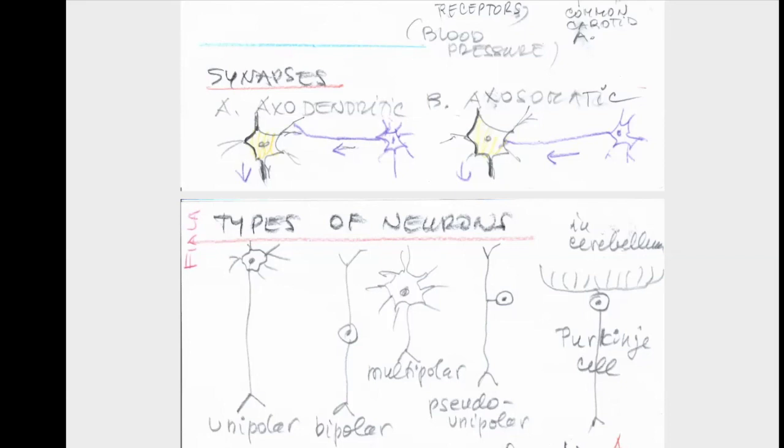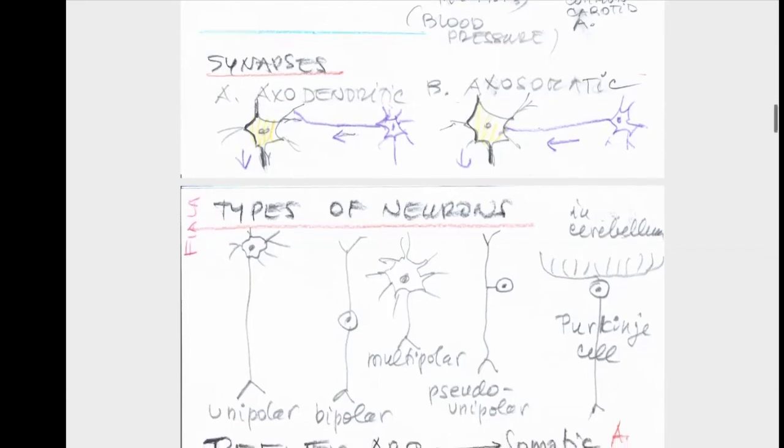And very special is the neuron which lies in the cerebellum, which is represented by Purkinje cells. That means a very specific row of processes.